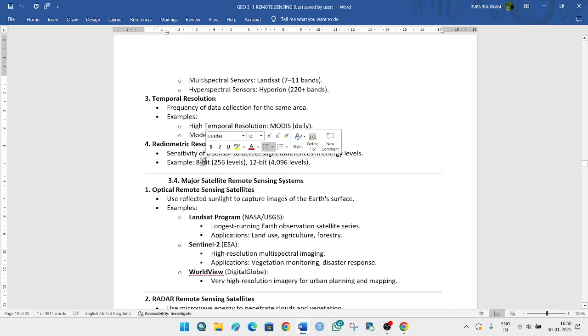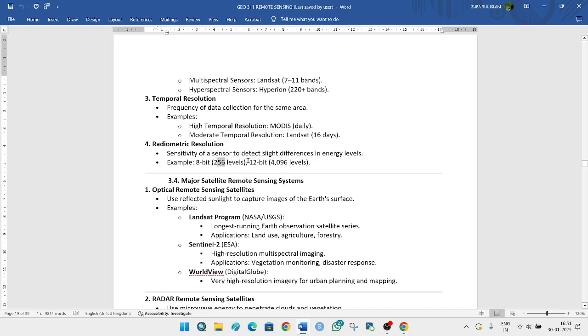If this is 8-bit, minimum will be 0 and maximum will be 255. But here mentioned 256. The reason is I'm starting from 0. So if you are starting from 0, you have to minimize it, 0 to 255.